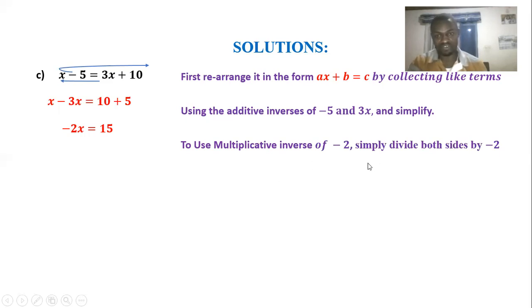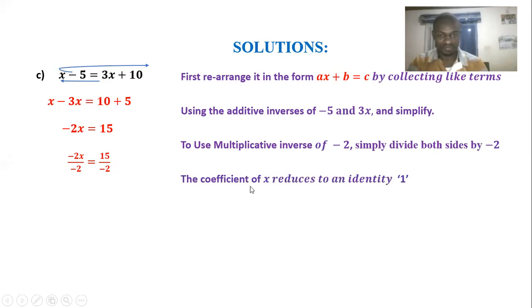The coefficient of x is negative 2, so we divide both sides by negative 2. Negative 2 cancels, giving an identity which leaves x unchanged. And 15 over negative 2, nothing can cancel, which leaves us x equals negative 15 on 2.